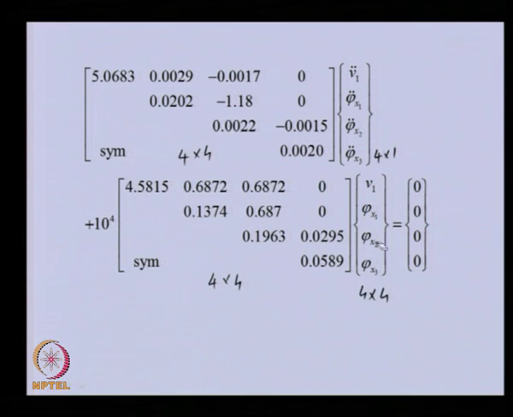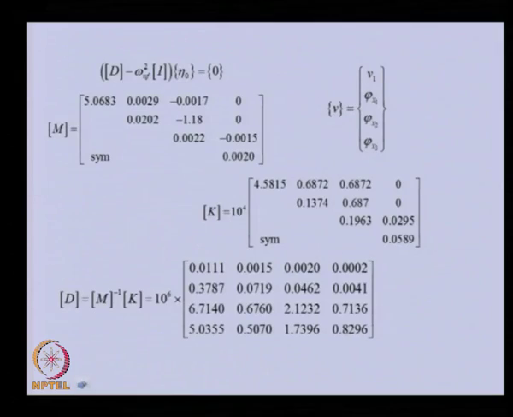Now, this is ready for eigenvalue problem solution. Again we can take the inverse of K, so that we will get the D matrix. D is defined as inverse of M into K. So we can obtain the eigenvalue of this D matrix, which is M inverse into K. This will give us the eigenvalue and eigenvector.